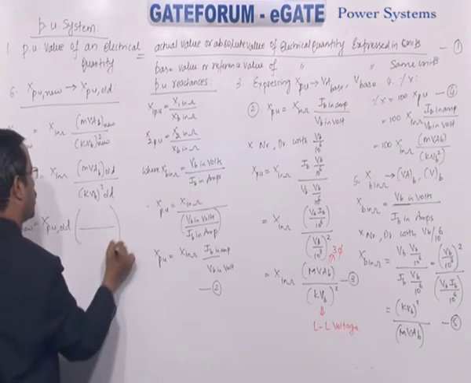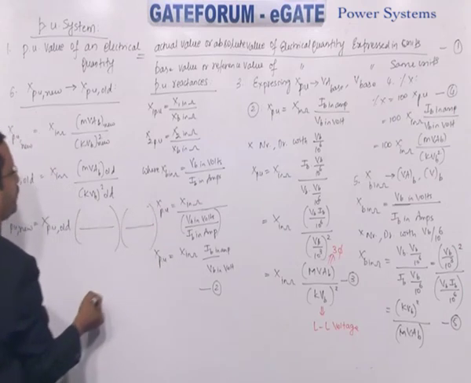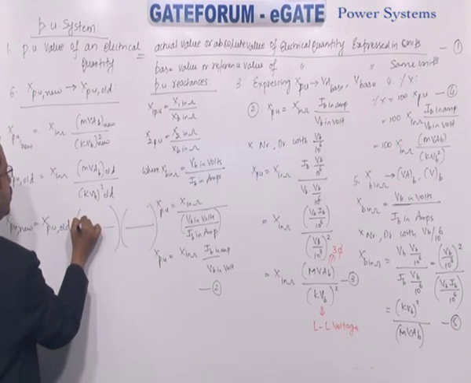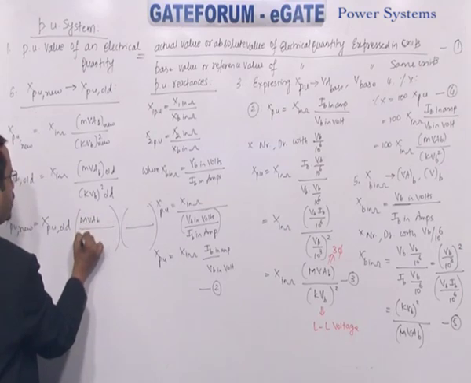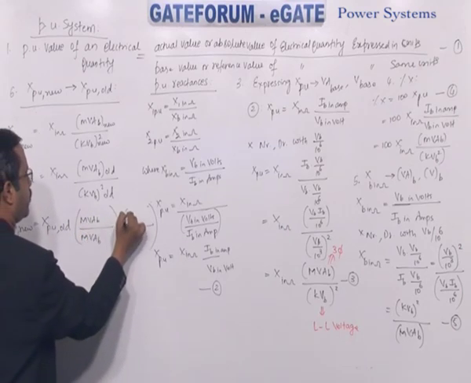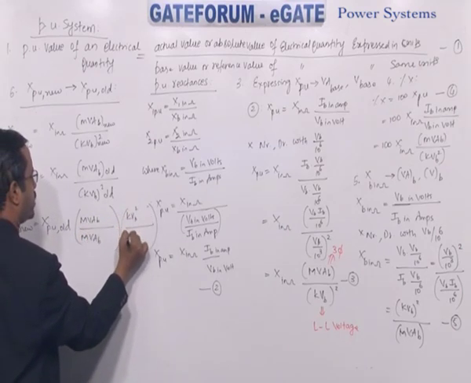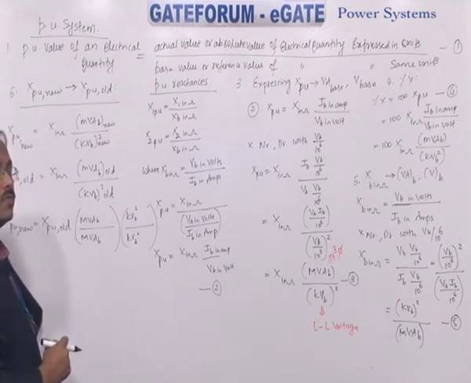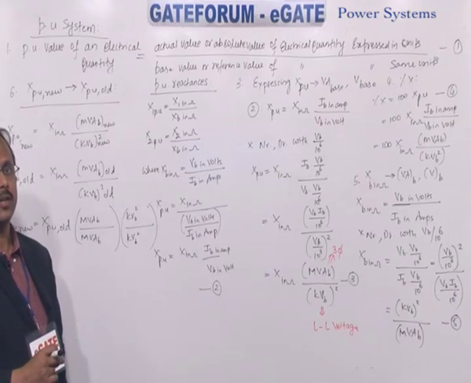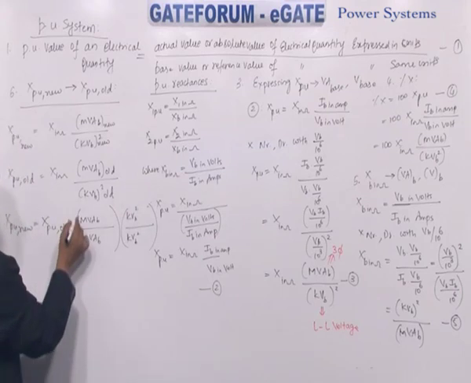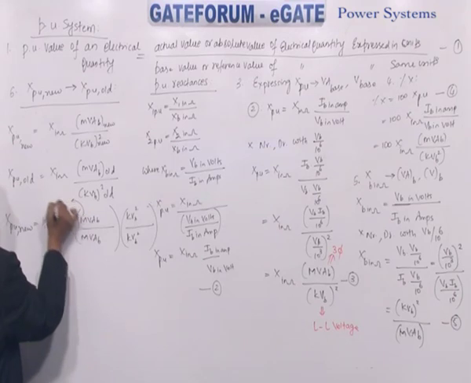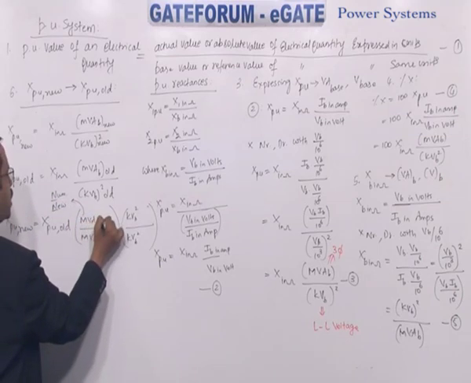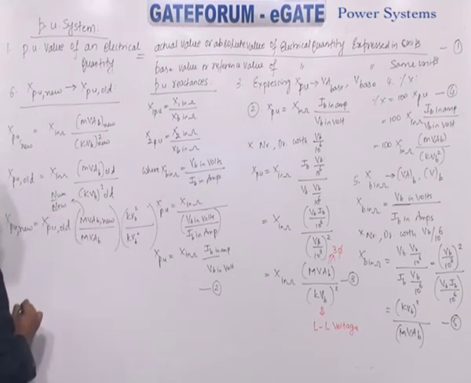Now you have the ratio of two different terms. So you will have the ratios of MVA. You will have the ratios of kV square. Important is where you write old and where you write new. This MVA, where it is in the numerator, start with N, you can write new.